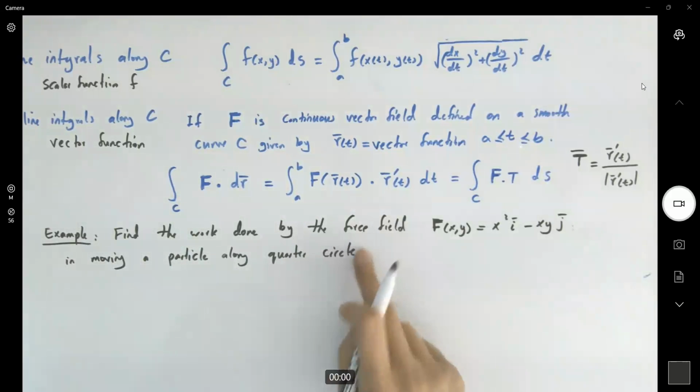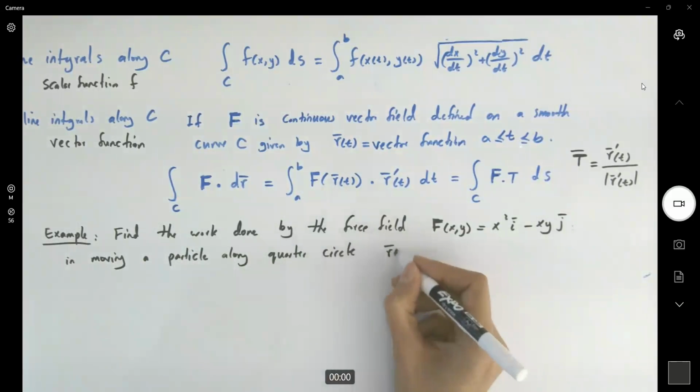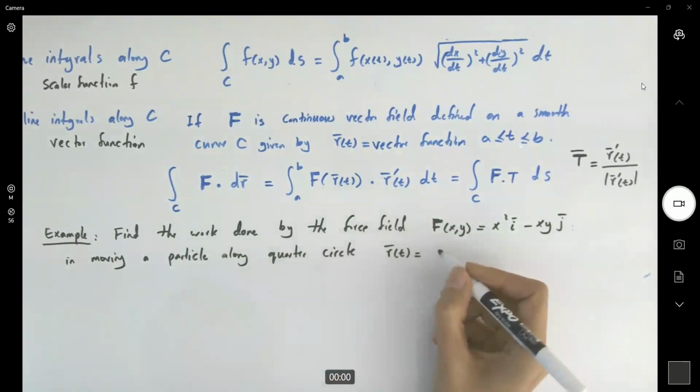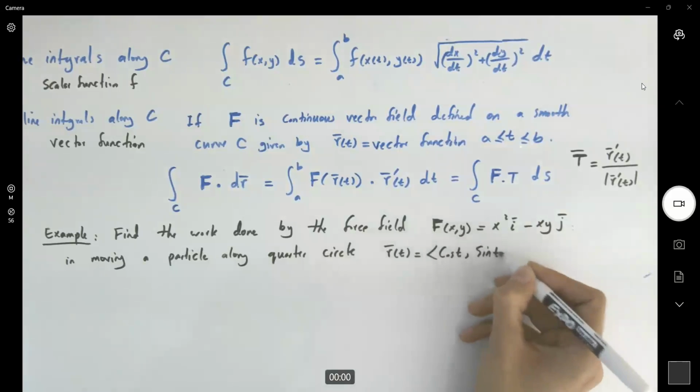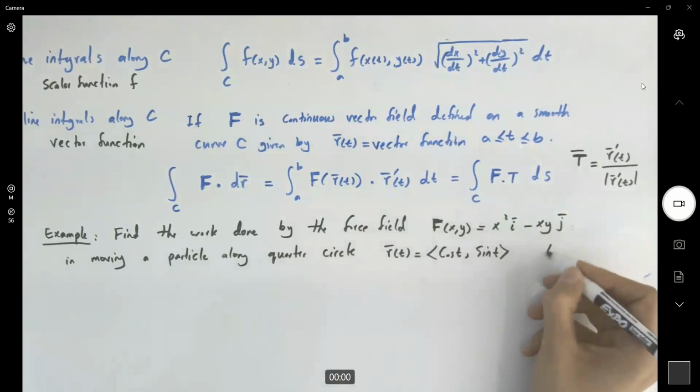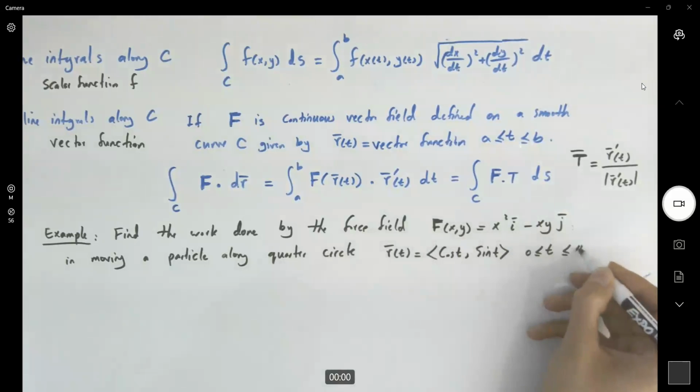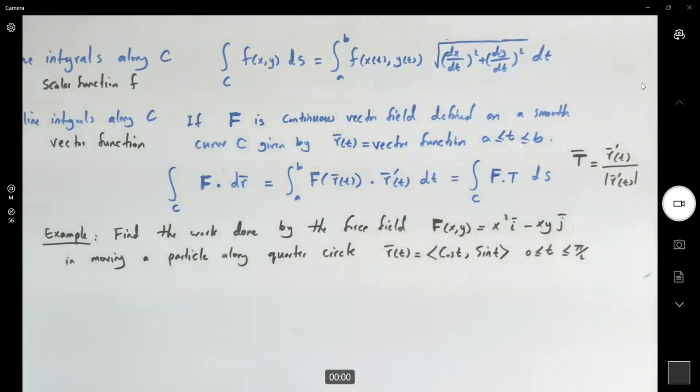The quarter circle r(t) is cosine t, sine t, and then t, of course, is bounded between 0 and pi over 2. Very good.